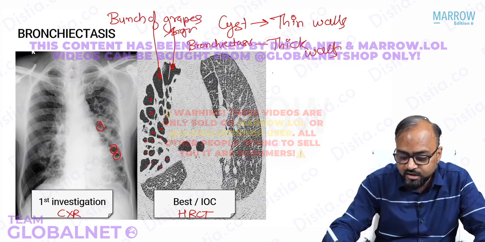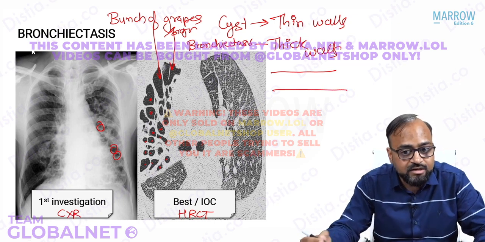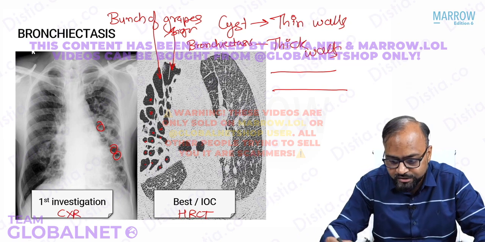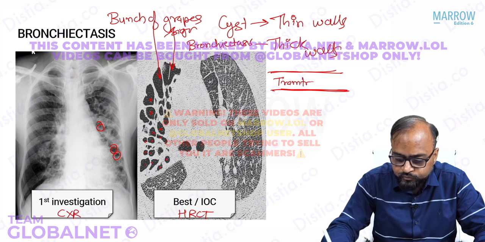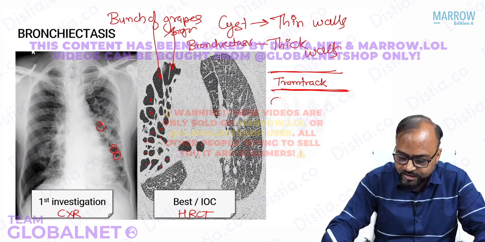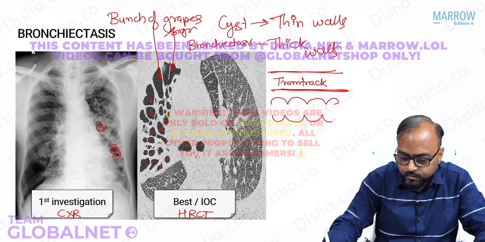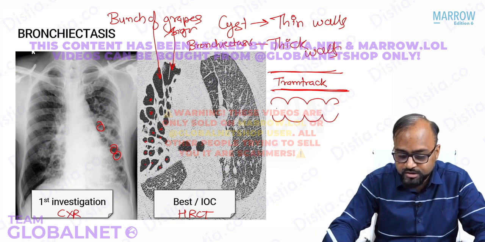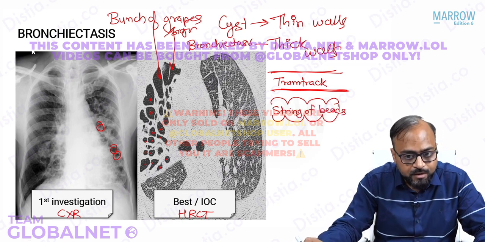Now, dilated bronchi with straight walls along the long axis, like this, are called the tram track appearance of the bronchi. If there is varicose dilatation of the bronchial wall, this is called the string of beads appearance.